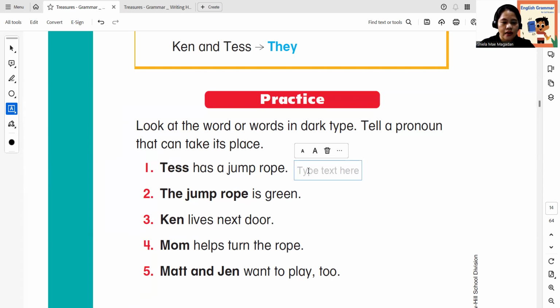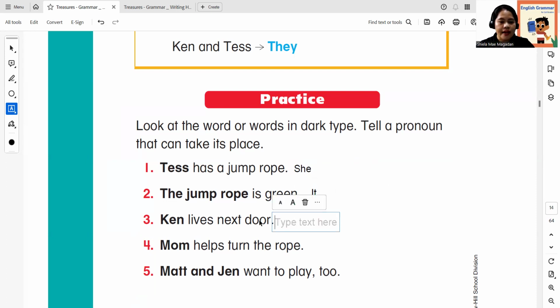Is it he, she, or it? It's pretty obvious. She. The personal pronoun here is she, not he, because she's a girl. Now, the jump rope is green. What is the jump rope? Is it he, she, it? It is it because it is a thing. Good job. And how about number 3?